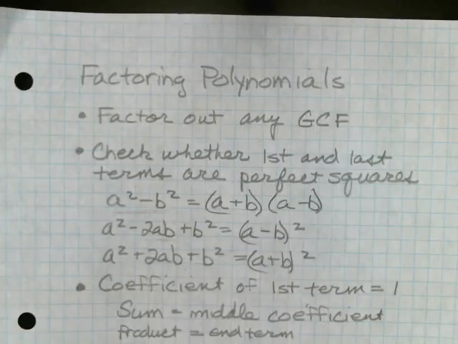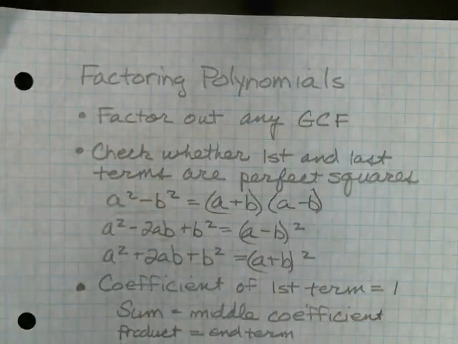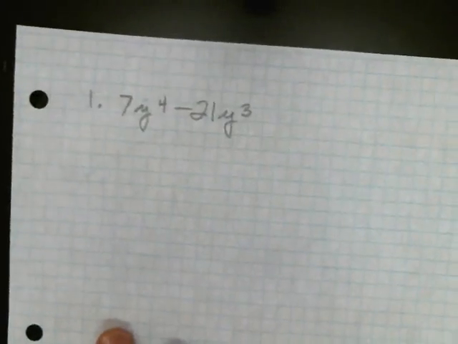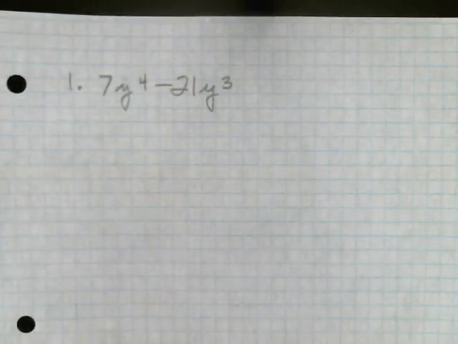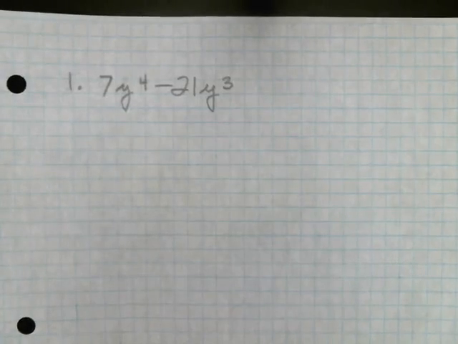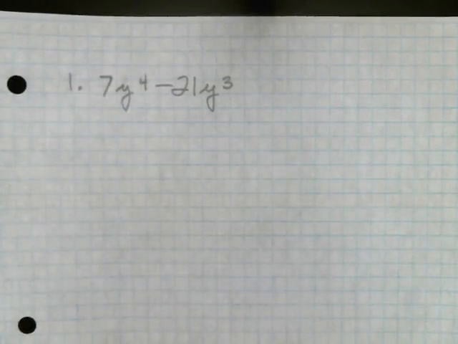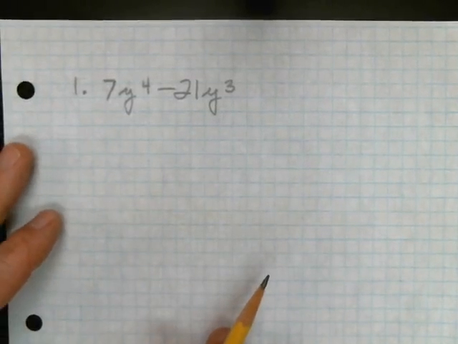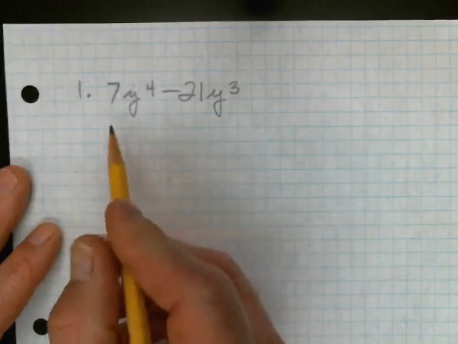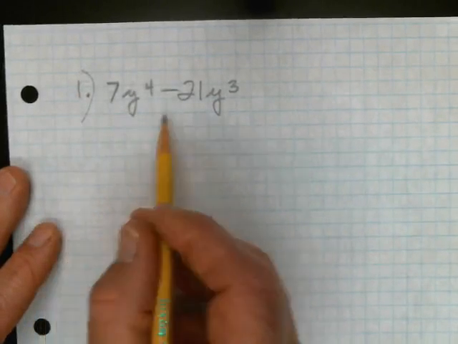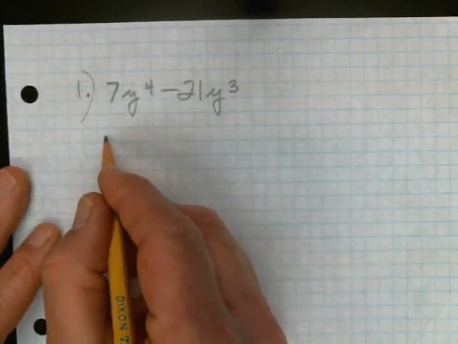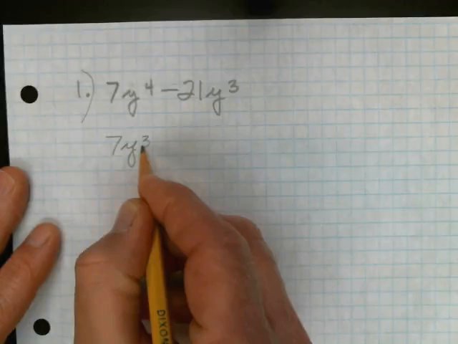The first one I'm going to show you is right here: 7y to the fourth minus 21y to the third. This shows us the first general principle of factoring out any GCF. You may have to factor beyond that in many problems, but we'll start with that. Here we can factor out 7y to the third as the GCF.